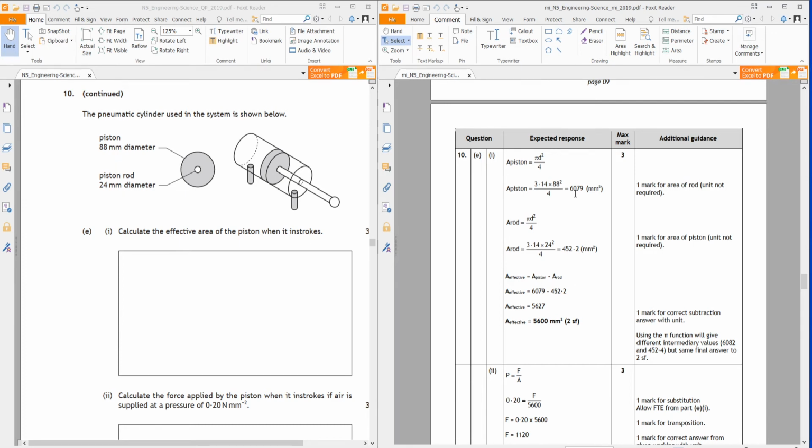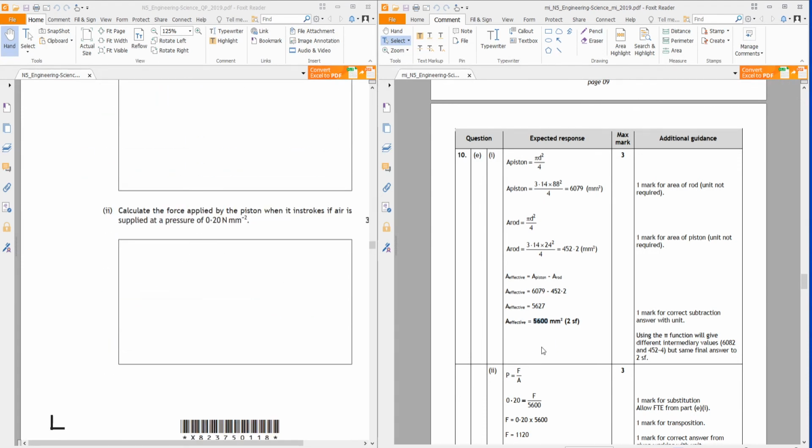Okay, so there we have the piston diameter. Okay, you can half the diameter if you wish and do it as 44 and pi r squared and 12 pi r squared. This one's doing it with the diameter formulas. And then you subtract the small one away from the big one, and that gives you an effective area of 5,600 millimeters.